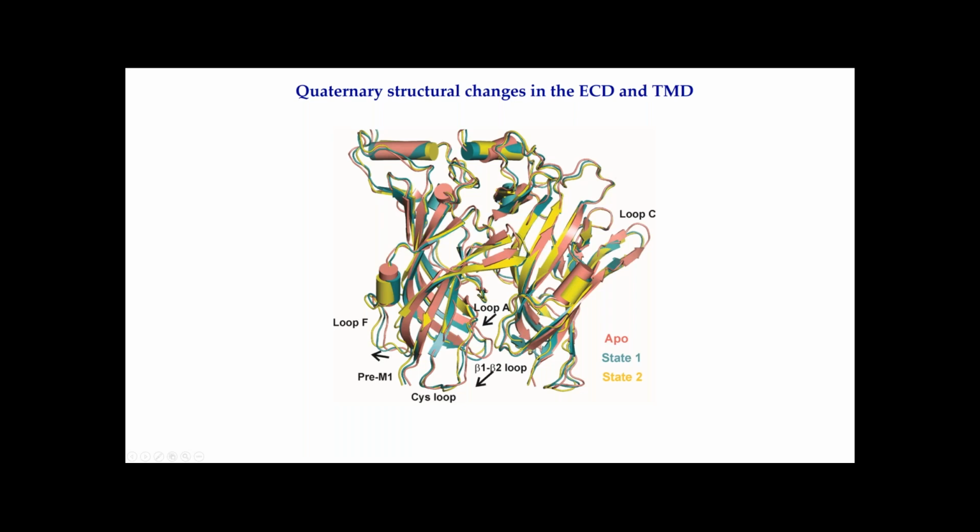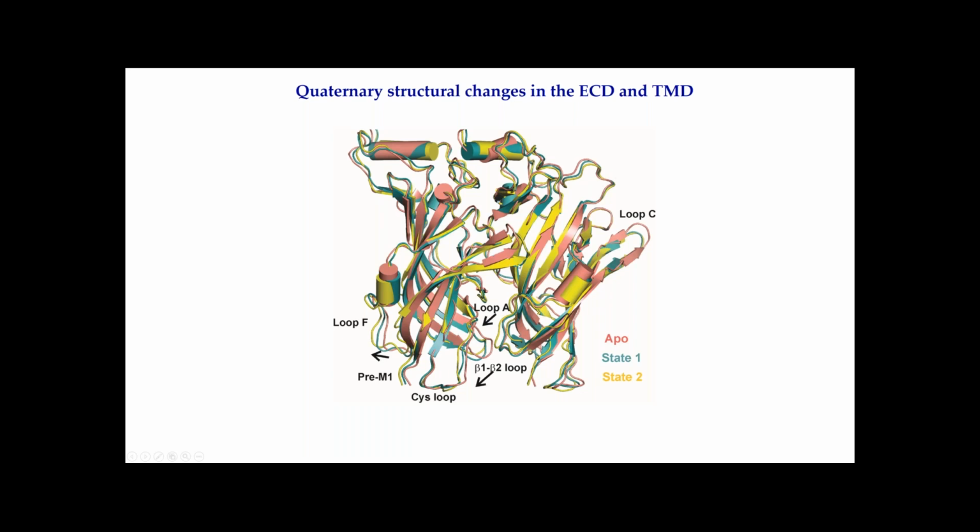In response to serotonin binding, we see that this region right here, which is referred to as loop C, undergoes an inward movement. And it was previously reported that agonist binding induces this sort of inward movement within loop C, or the capping loop. And we also see this in these receptors.